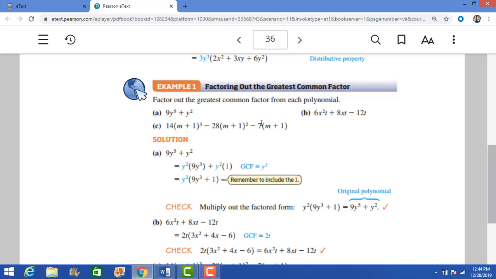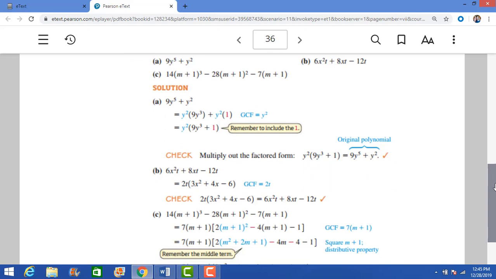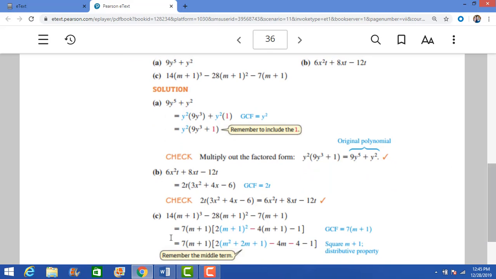So we're going to factor out a 7 times m plus 1. And again, it might be helpful to do the same thing that we did up here, rewrite each term as a product of two factors. Okay, so now we factor out the 7, and we get this plus this times this.